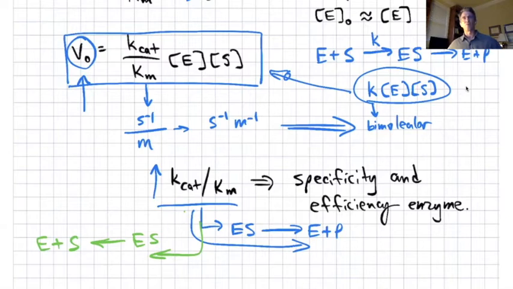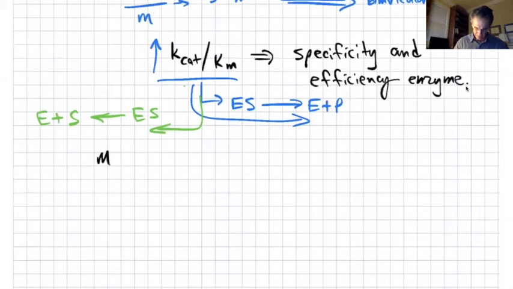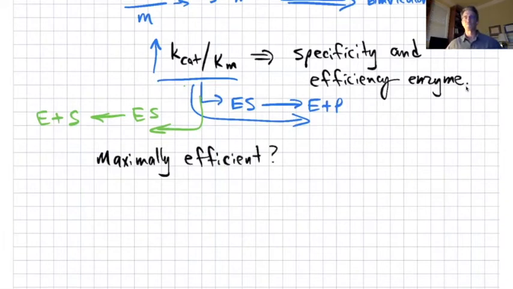So another way to think about this would be if you consider what would make an enzyme maximally efficient. When would an enzyme be as efficient as it could possibly be? It would be one that would carry out a reaction every time it correctly engaged the substrate in its active site, right?